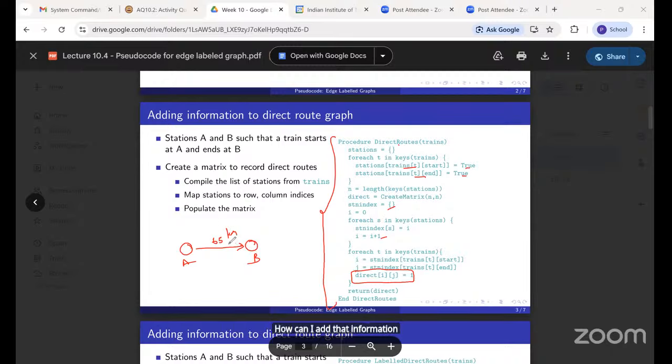Because distance is a very important information, considering I'm able to reach from station A to B. Or time, I want to add, it will take 70 minutes to reach from station A to B. So these are important pieces of information which I should have in my edge, right? In the matrices also. How can I add this information?